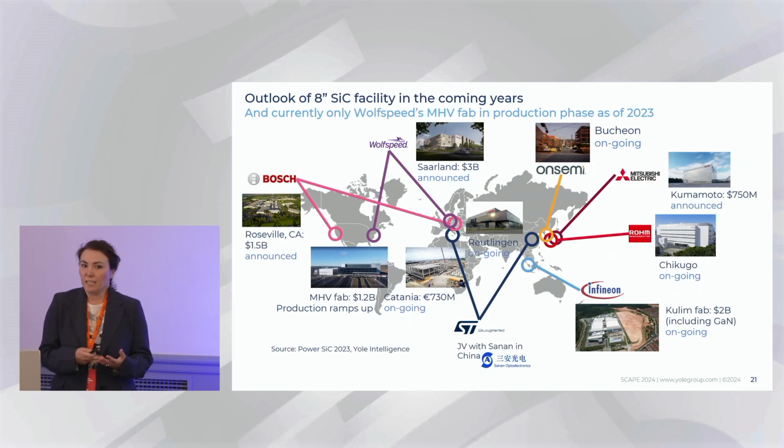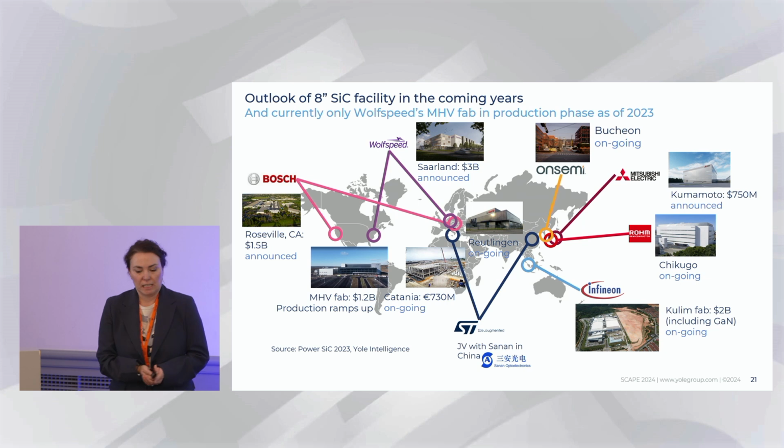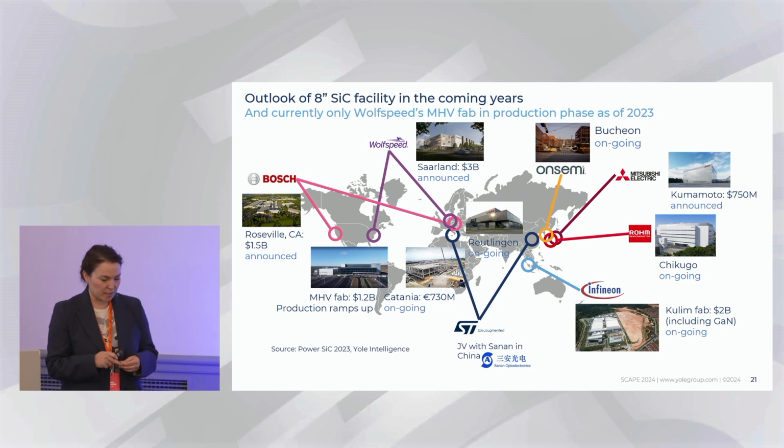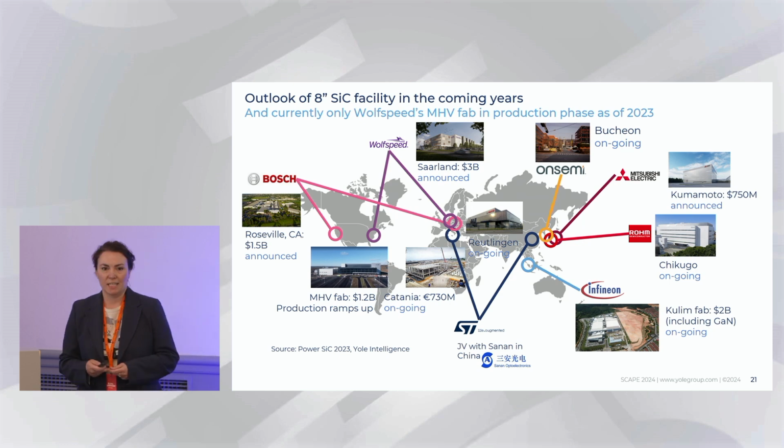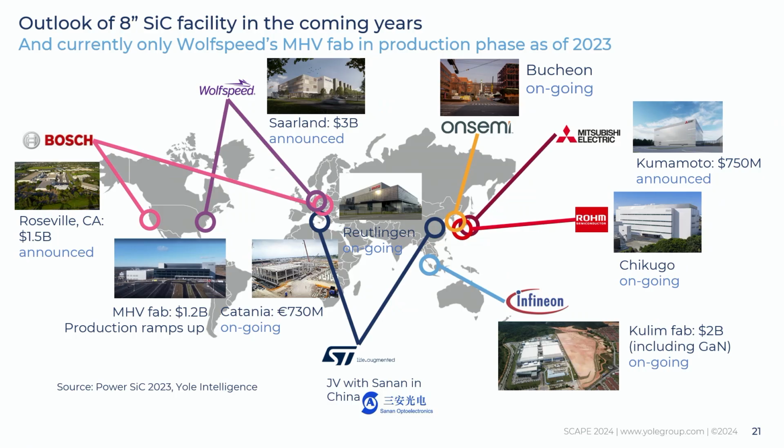So what we see also in the SiC ecosystem, and again something that we will see maybe in the next presentation, is more and more development for the packaging, because we have presented the technology, planar and trench.